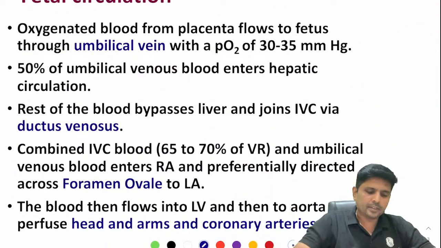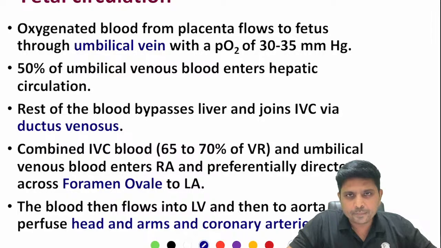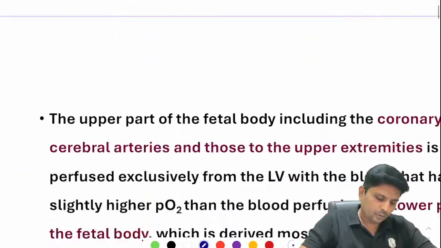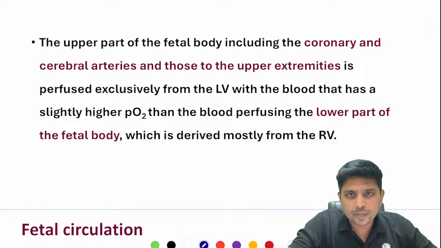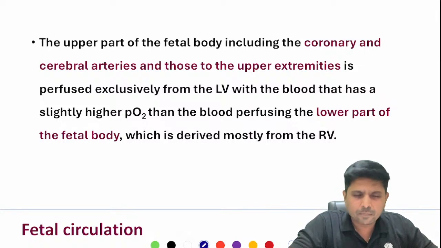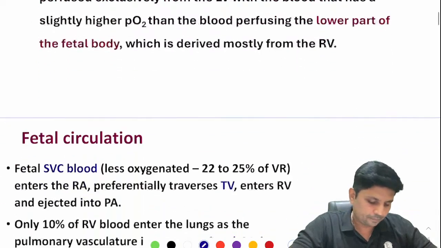So these are all the things that we had explained here. As I told you, the upper part of the body predominantly contains good blood, and the lower part of the body predominantly some amount of deoxygenated blood.